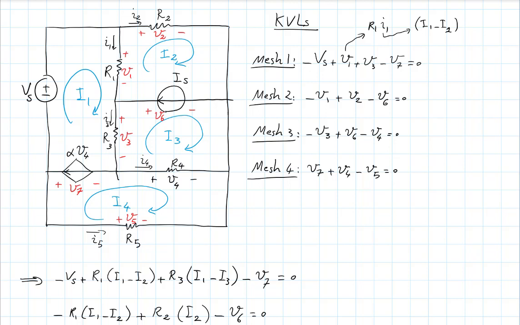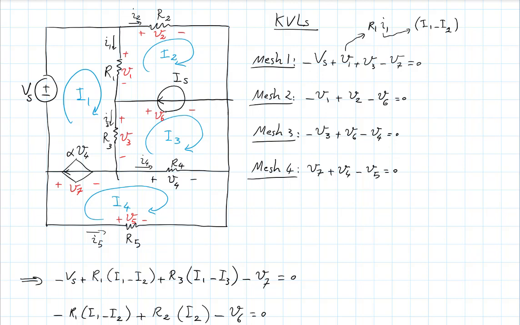What that element is saying there, if you want the element relationship for it, is the current in that branch is IS going from right to left. Now, IS could be a positive or negative number. That's the current. Is there a relationship between that current and mesh currents? IS is exactly I2 minus I3, precisely so.